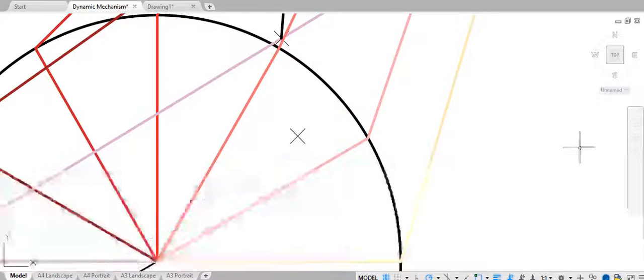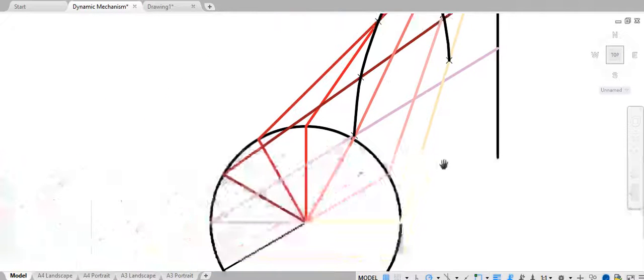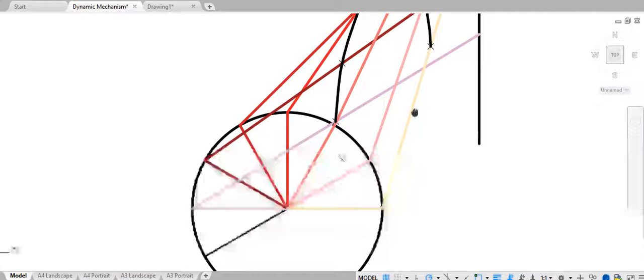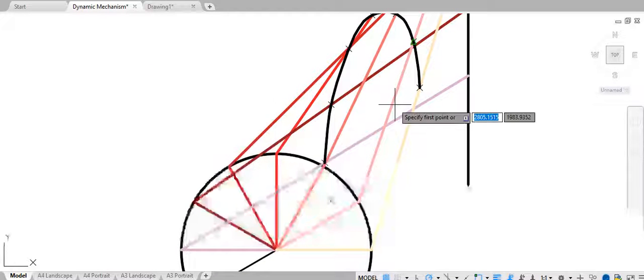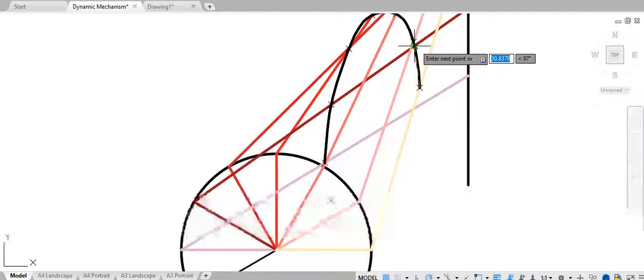The resultant motion will continue on like this until you can see the final result. So the spline will continue on this path.